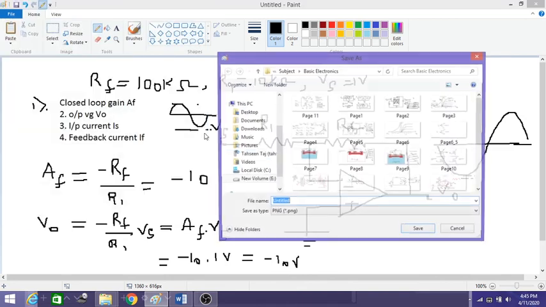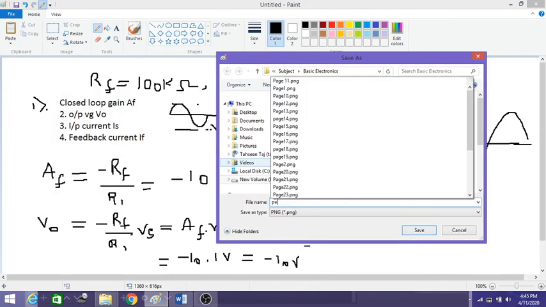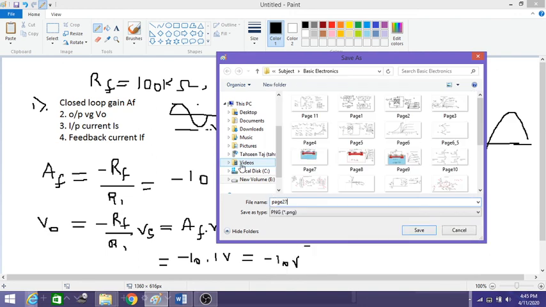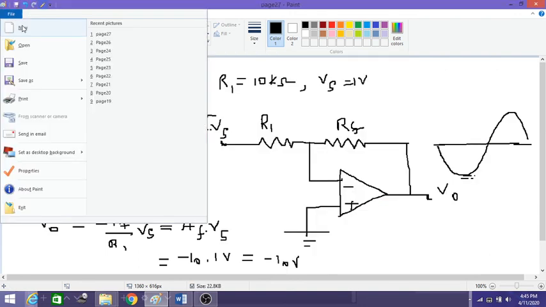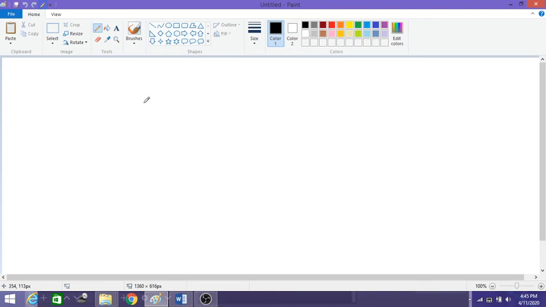Let me save this and go to the next page. What else is asked to calculate? The third one is the input current, IS. Here we have to apply the voltage analysis across the resistance R1.